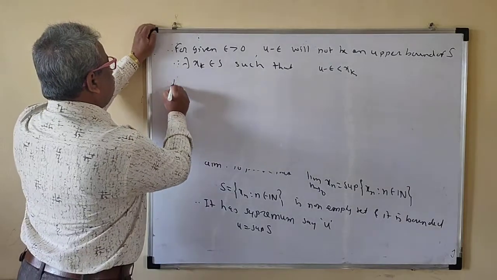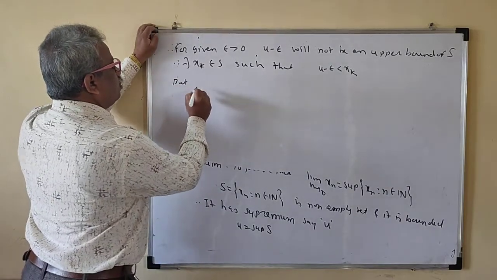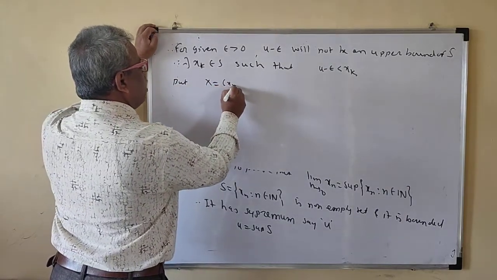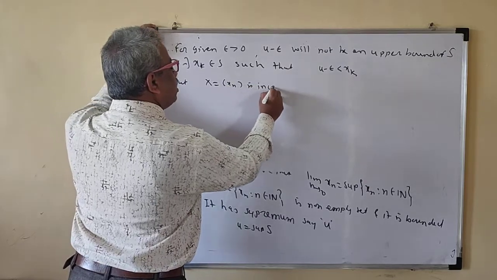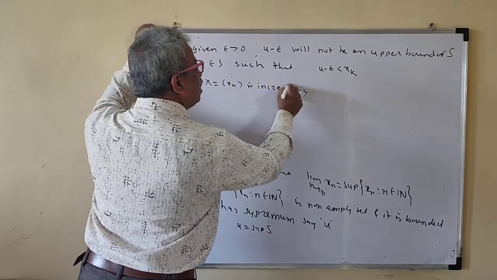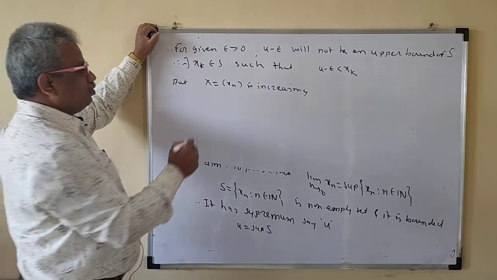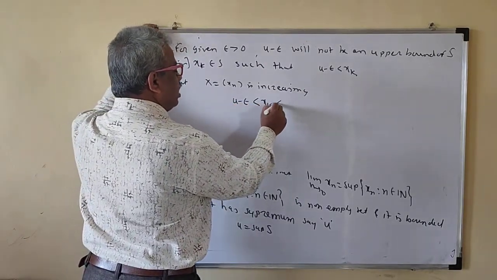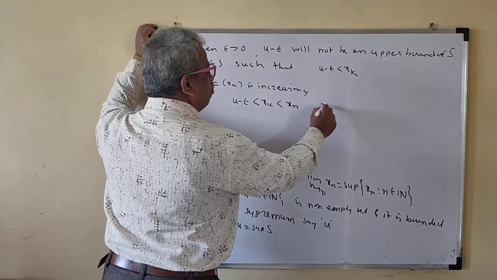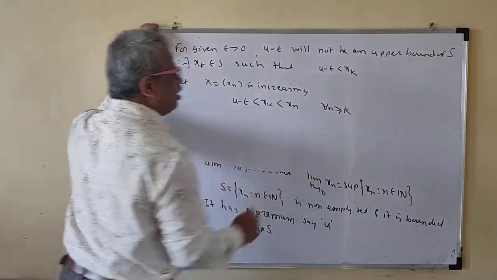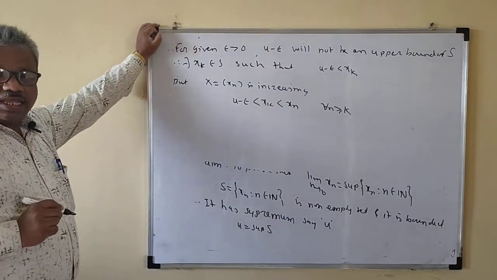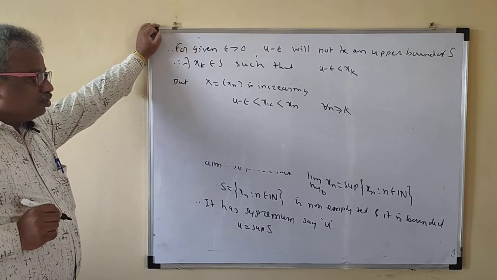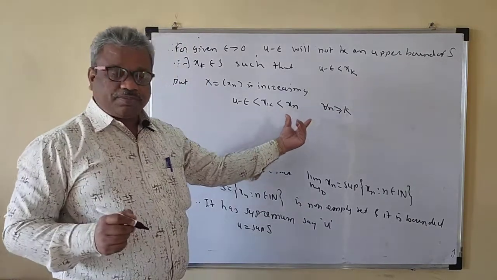But x equal to (xn) is an increasing sequence. Therefore u minus epsilon is less than xk, which is less than or equal to xn for all n greater than k. But u is the supremum.